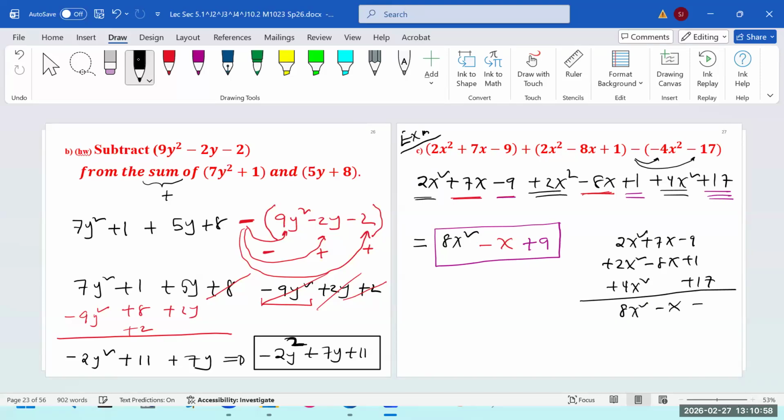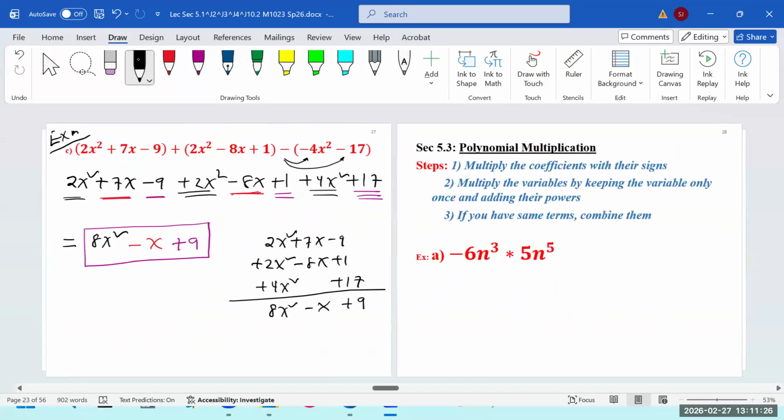This gives us minus 1. 17 plus 1 is 18. 18 minus 9 is 9. I do it so that I can see all the terms. And it helps you to see all the terms. So you're done with one exam question.